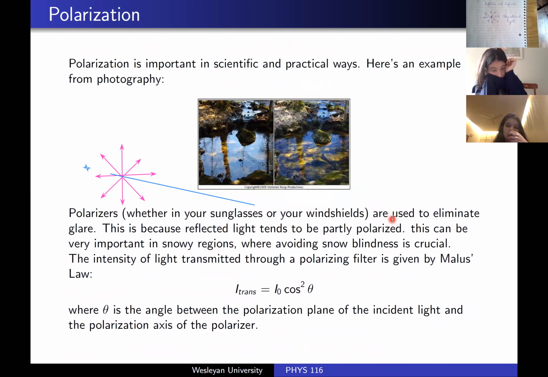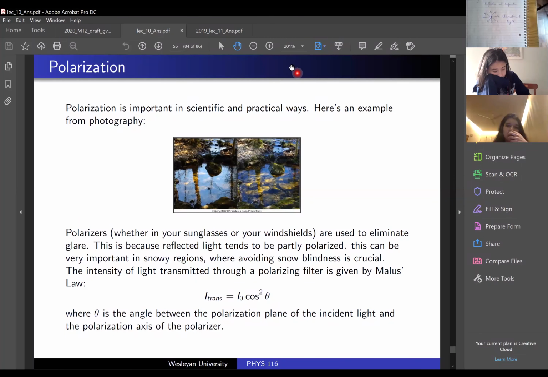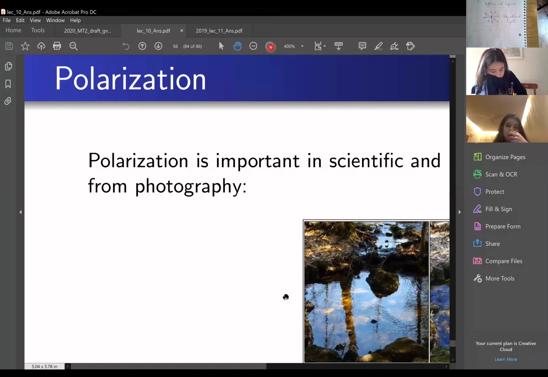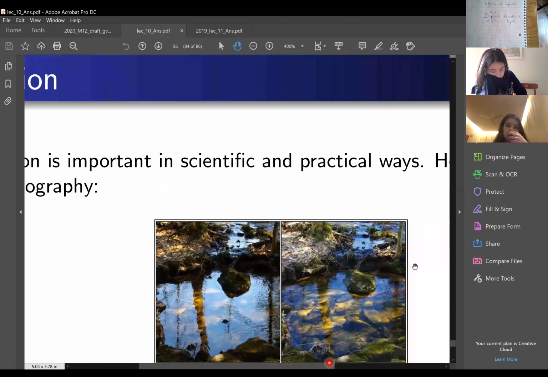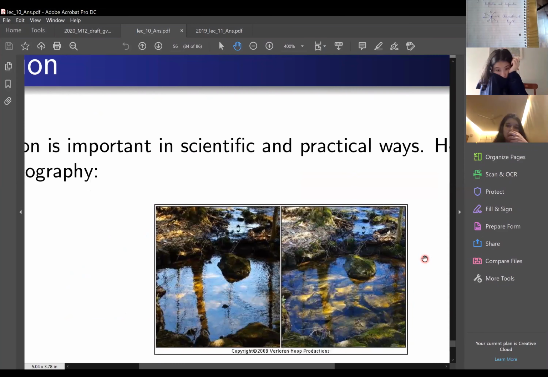And in fact, that is used, for example, over here in photography also. So let me zoom in there a little bit. Here you can see the same photo taken twice.